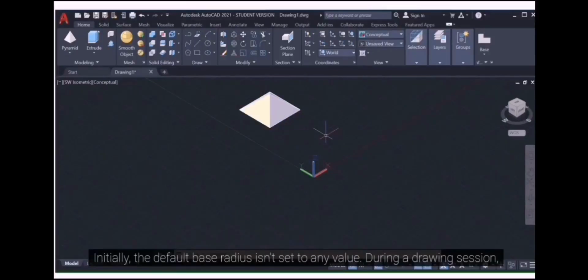Initially, the default base radius isn't set to any value. During a drawing session, the default value for the base radius is always the previously entered base radius value for any solid primitive.